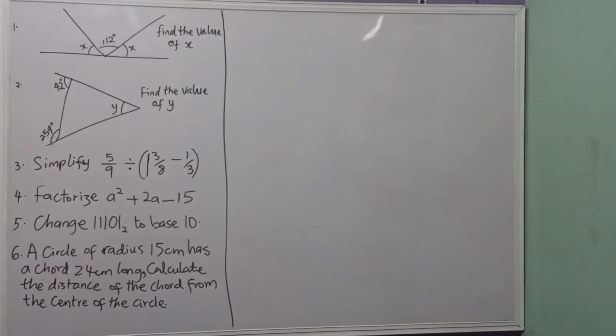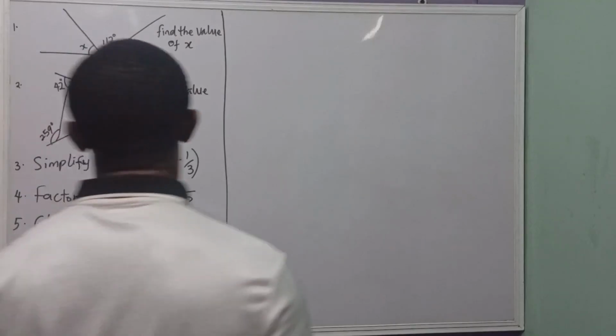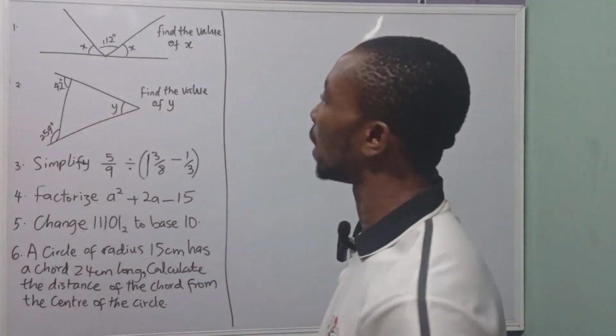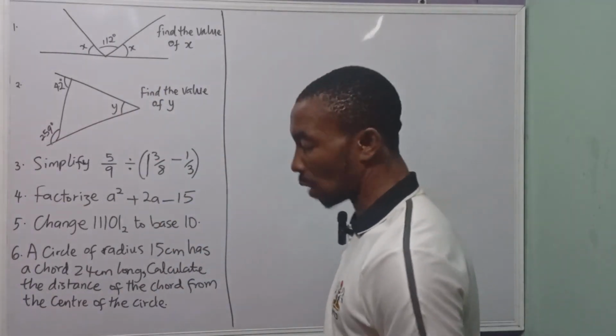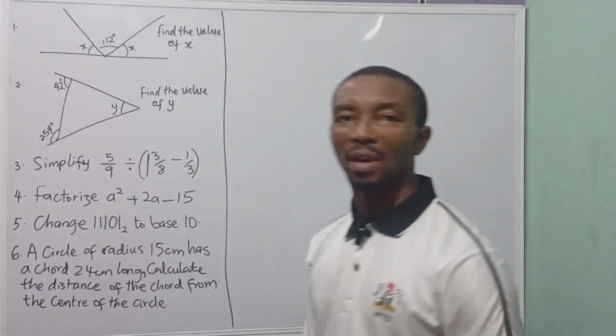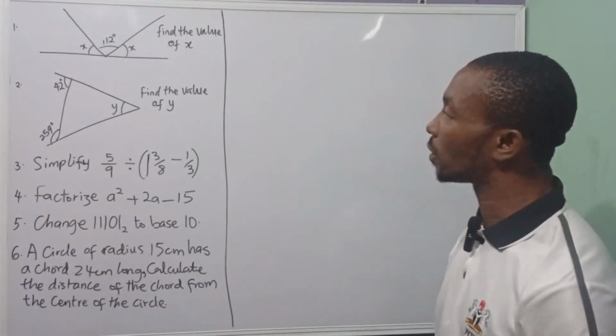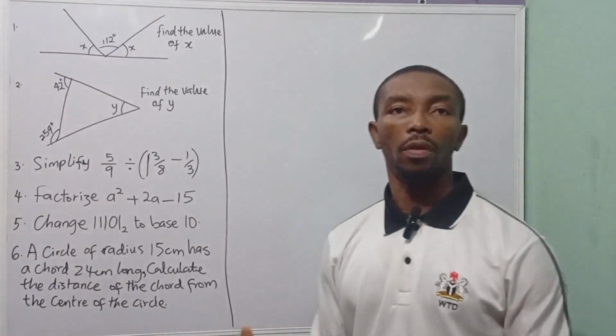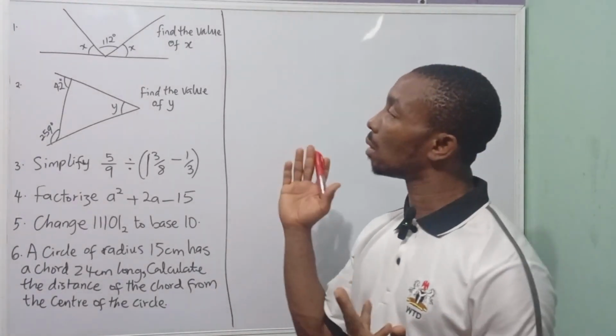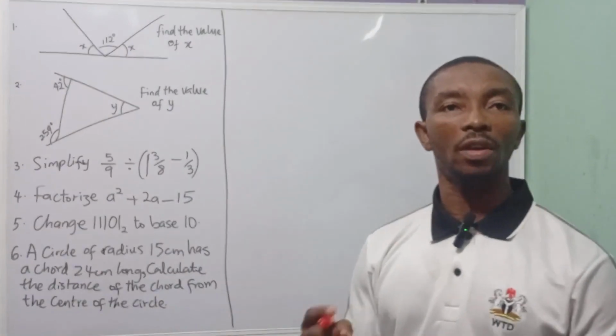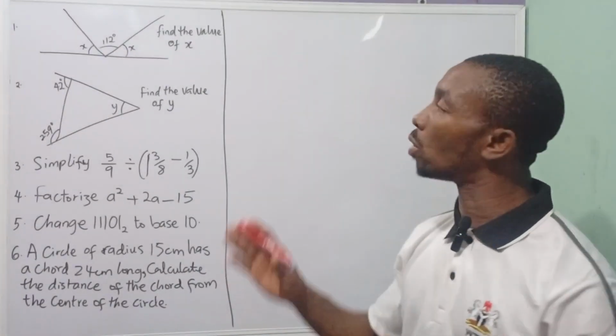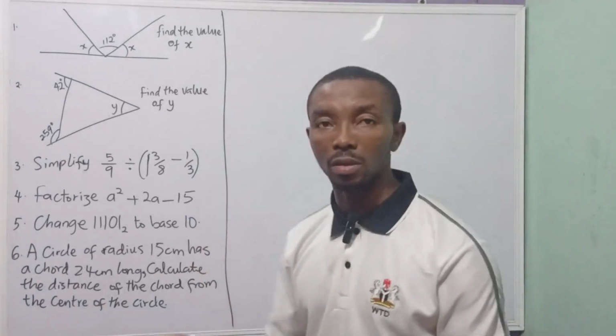Alright guys, our next question says, find the value of x in this diagram. Now to find the value of x in our diagram, we need to understand that the sum of angles on a straight line is equal to 180 degrees.